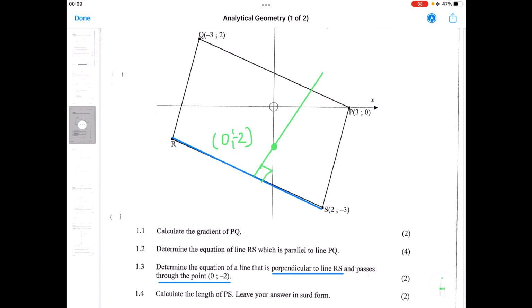What do we know about perpendicular lines? We do know very well that when you multiply the gradient of this line and the gradient of that line, it has to give you -1.